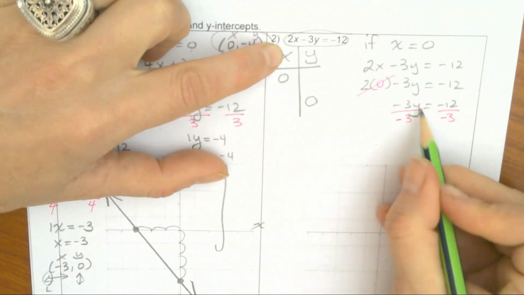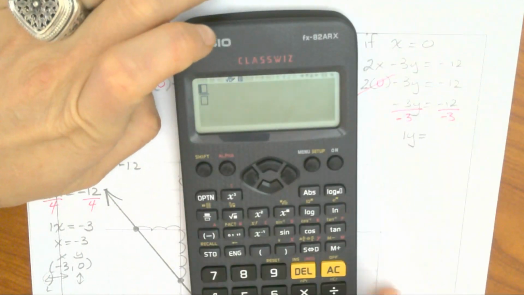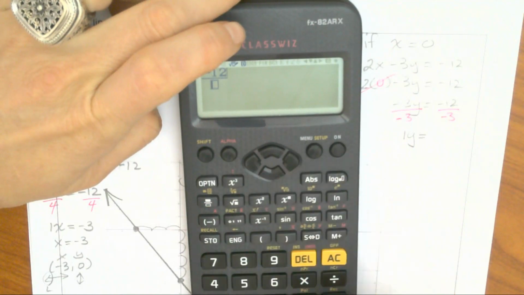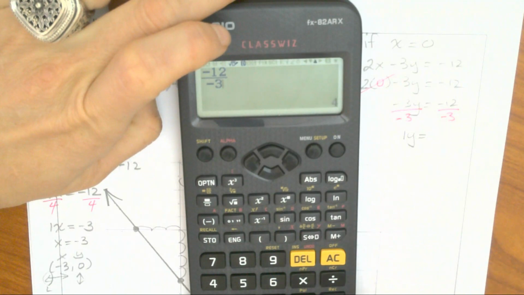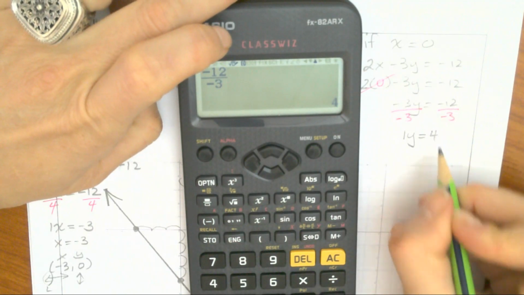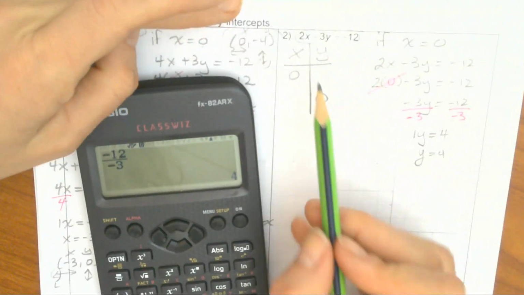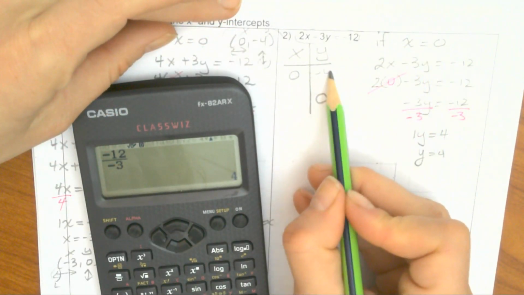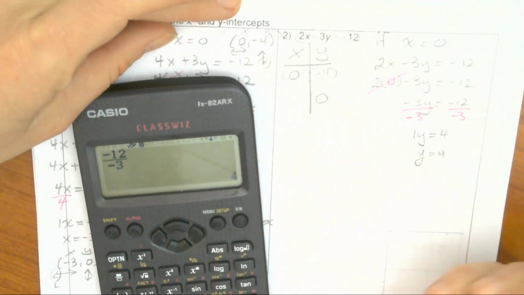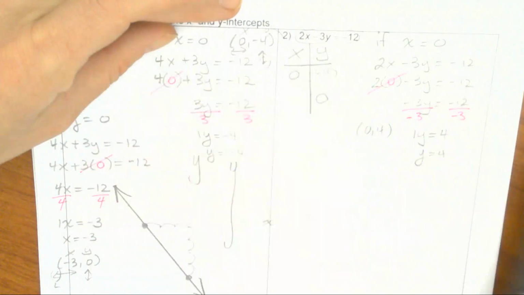So that's really 1y equals, and let's use our calculators, negative 12 over negative 3. Whenever it's the same, it's going to be a positive. And 12 divided by 3 is 4. So y equals 4. So now, if x is 0, y is 4. So there is my first point. 0, 4.